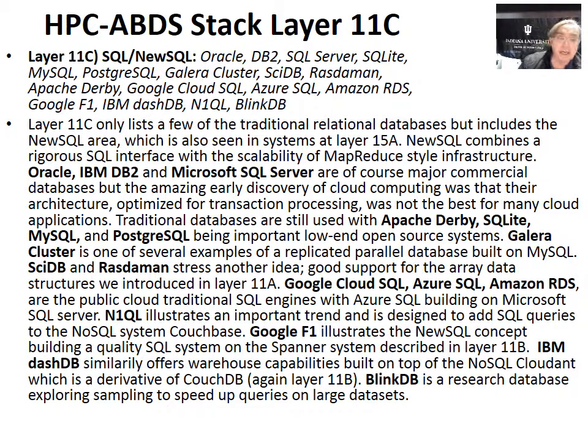11C. Okay, we're almost ending this lesson. So this is SQL and NewSQL. So what is NewSQL? NewSQL is basically a system which uses Hadoop style or MapReduce style technology, cloud, brilliant ideas, but offers to the user SQL semantics, including the robustness and the so-called ACID properties of clean, predictable results.